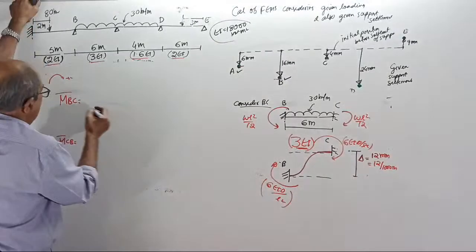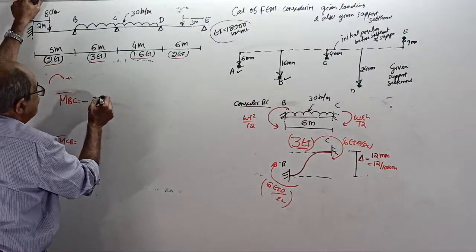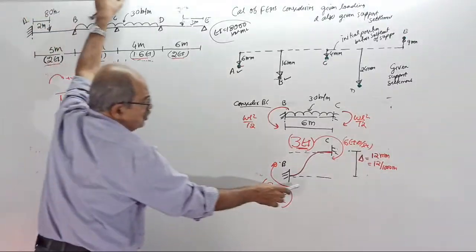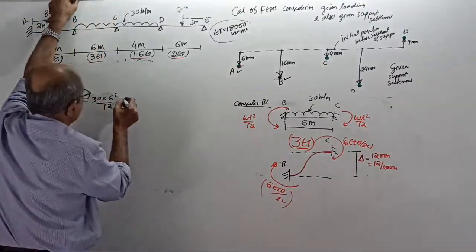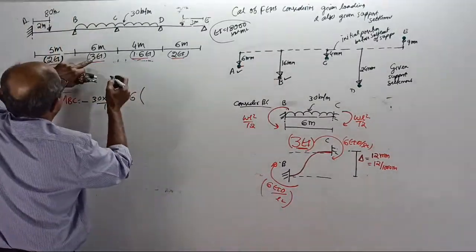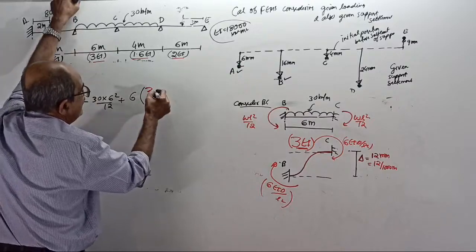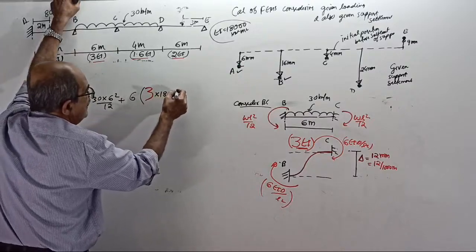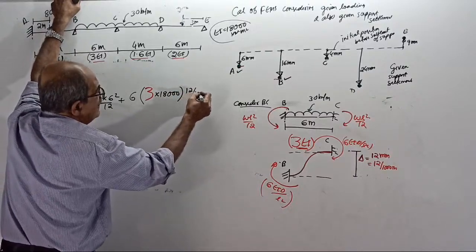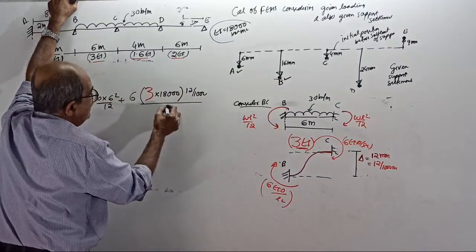Due to UDL, anti-clockwise, minus WL square by 12: 30 into 6 square divided by 12. Due to delta, clockwise, plus 6 into EI. What is the EI? 3 times 18,000. Delta is 12 by 1000 divided by L square, 6 square.